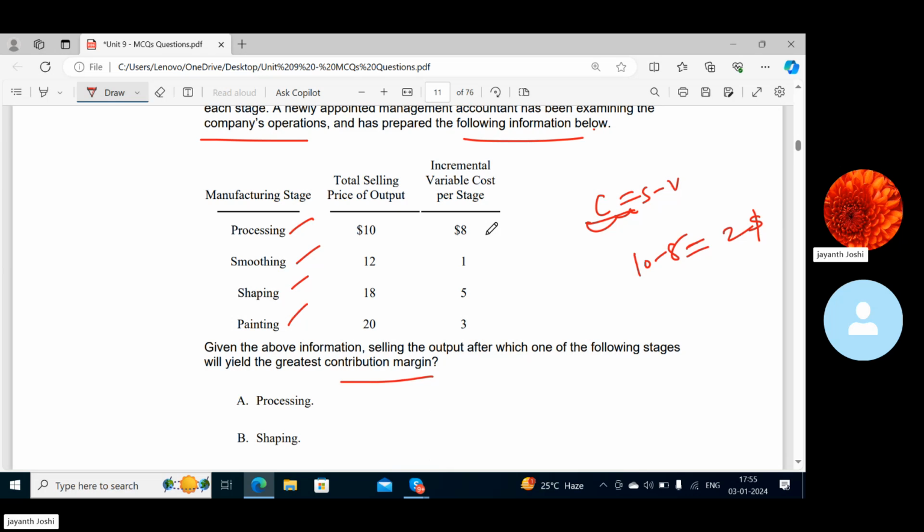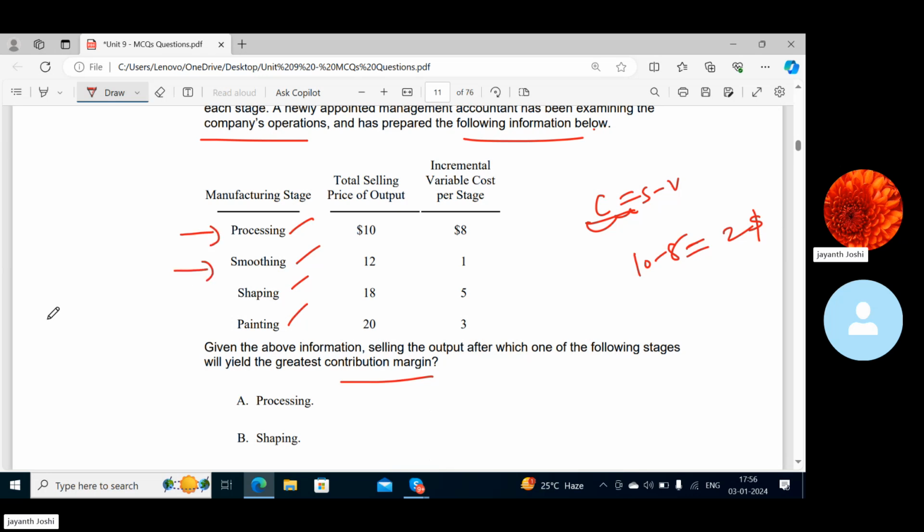Processing, smoothing. Given the above, selling the output after which one of the stages. If we are taking smoothing, that means these are the stages. First it will get processed, then it will be smoothened.